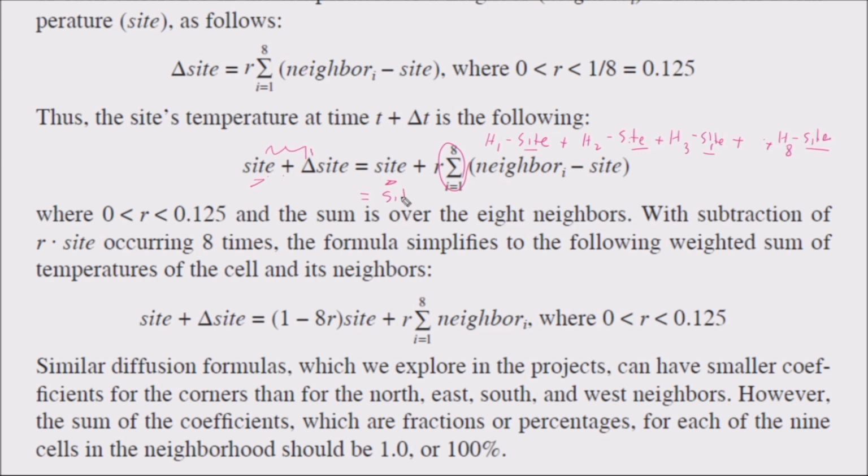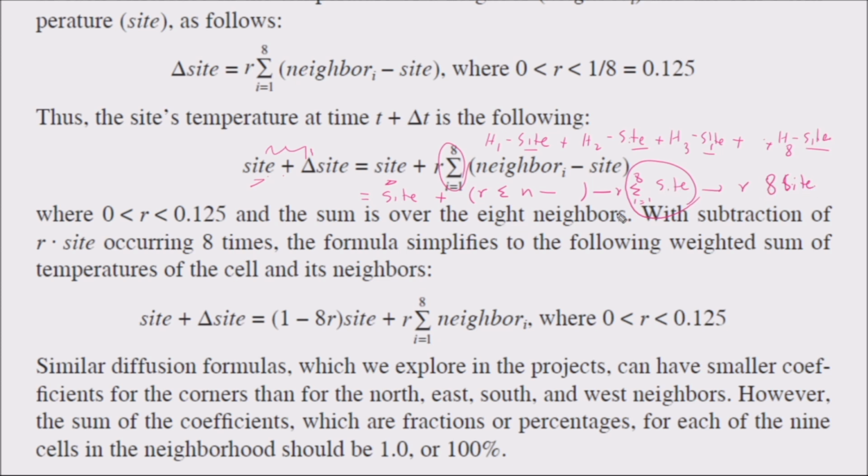I can write this site plus r, all this thing is the neighbor, right? And then I say minus, so this is what this is without this one, and I can write again i equal 1 to 8 site. Simply this guy is nothing but I have r here, nothing but this one is equal to r times 8 site.